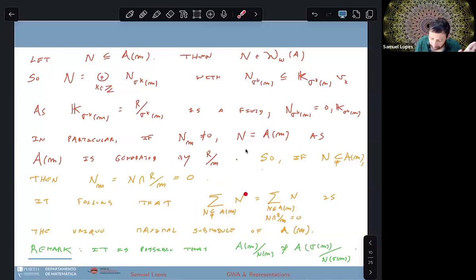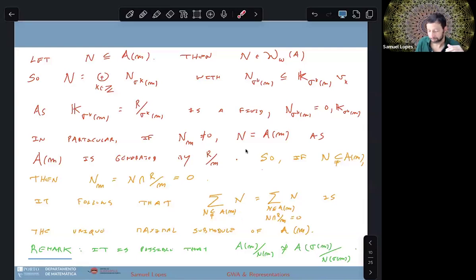It must be the submodule generated by all the proper submodules. Because if it has a unique maximal submodule, any proper submodule must be contained in it. And so your candidate for the unique maximal submodule must contain all the proper submodules. So if there's a unique maximal submodule, it has to look like this. What usually goes wrong is that this object will no longer be a proper submodule. It will be too big, it would be equal to the whole object.